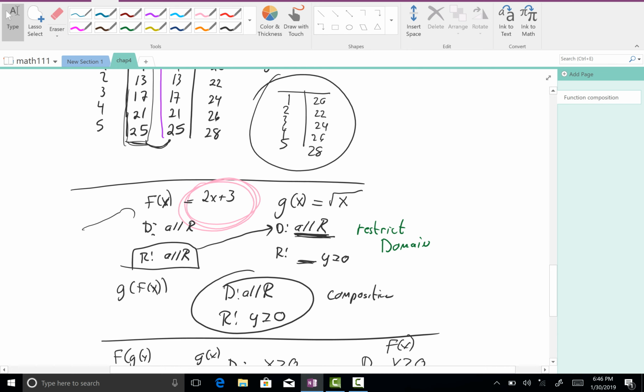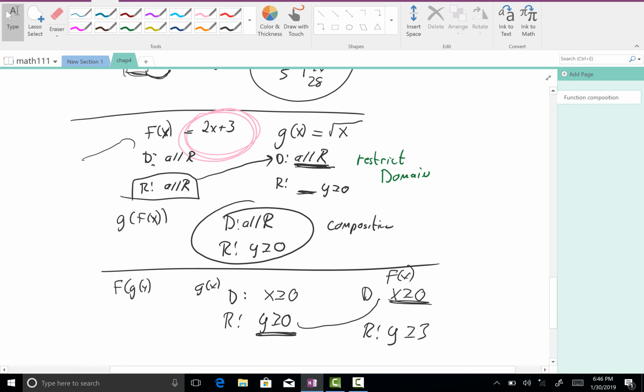Notice that for that one, we had to restrict the domain, so x was greater than or equal to 0, which is this one right here. And the range now is greater than or equal to... I wonder if it's doing this incorrectly.